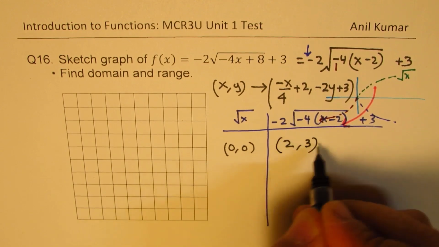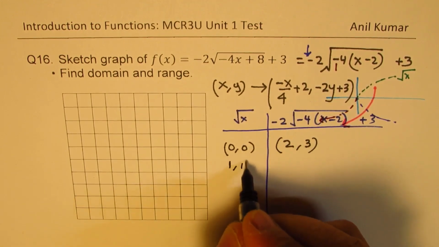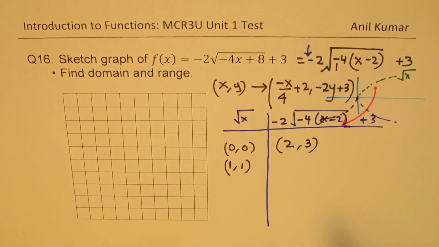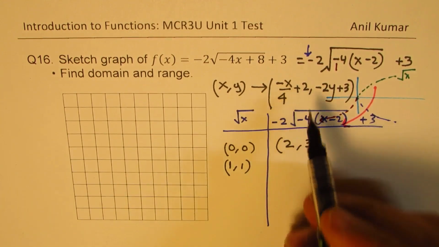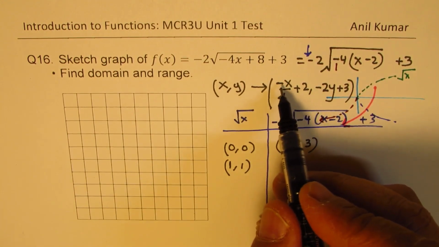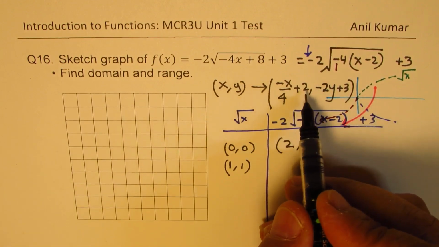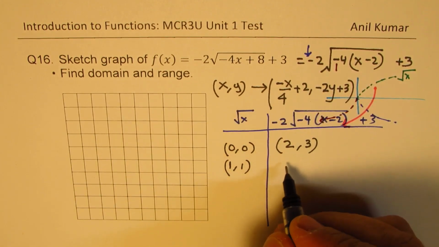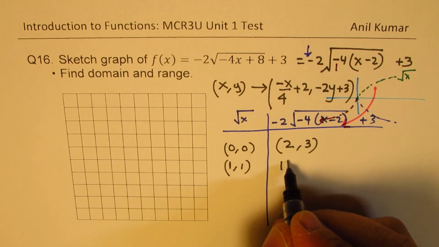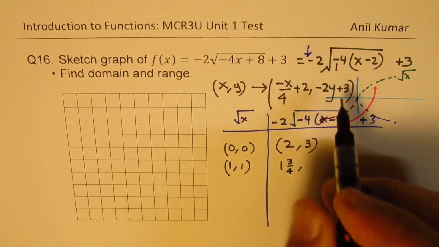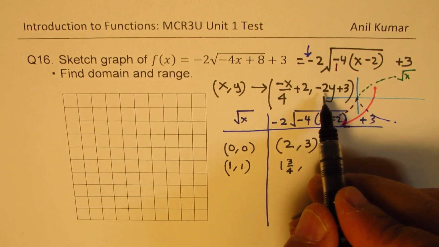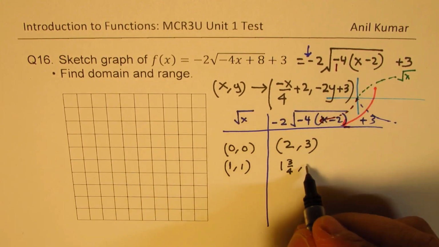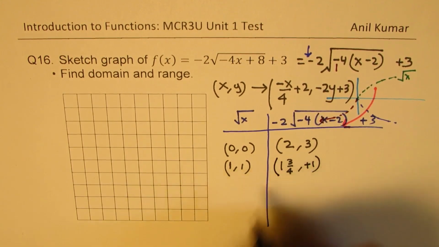So we have a point 2, 3. Then we have 1, 1. So if I write 1 here, so we get 2 minus 1 over 4, right? So for 1, we get 2 minus 1 over 4. So we have a point 2 minus 1 over 4 is 1, 3 by 4. And here, if I substitute 1, so we get -2 plus 3, which is +1, correct?